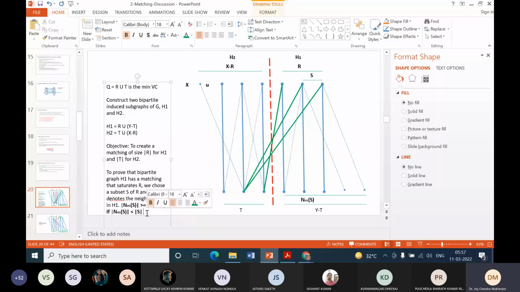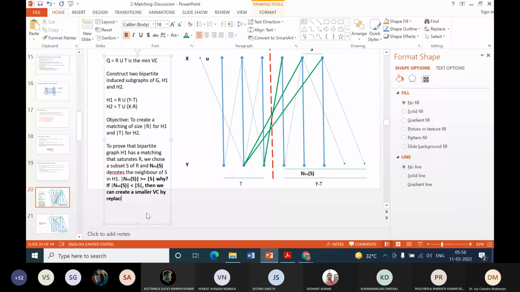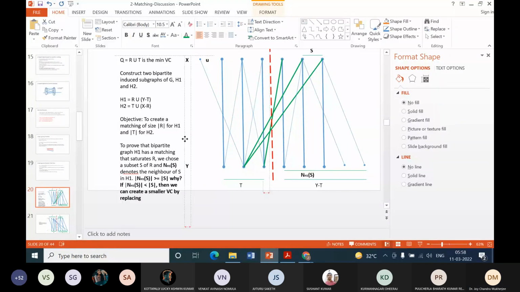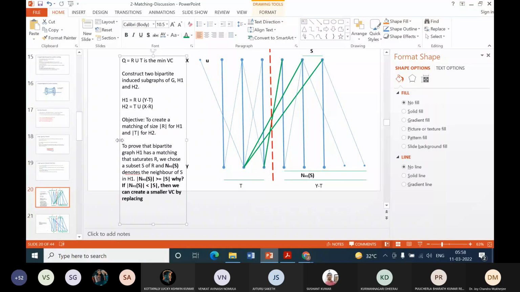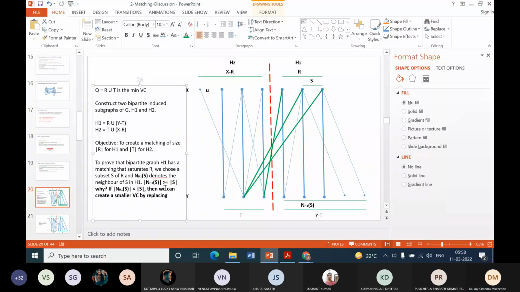Then we can create a smaller vertex cover by replacing S by N_H1(S).